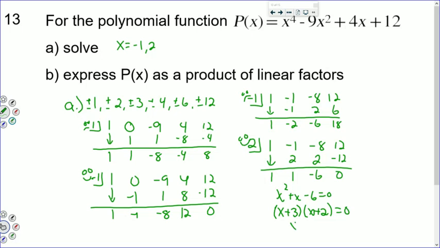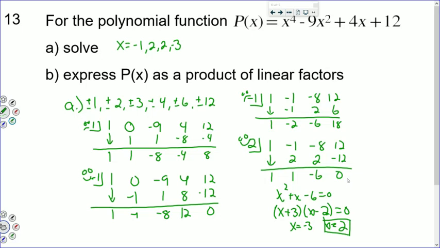So we then have x equals negative 3 and x equals 2. So 2 showed up again.